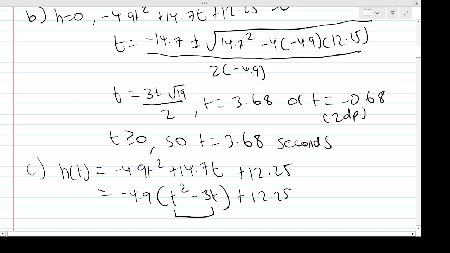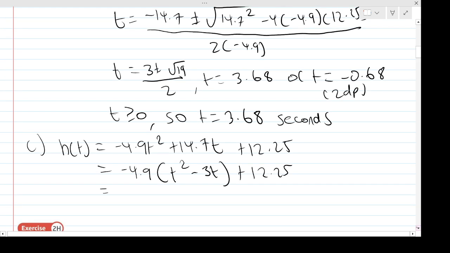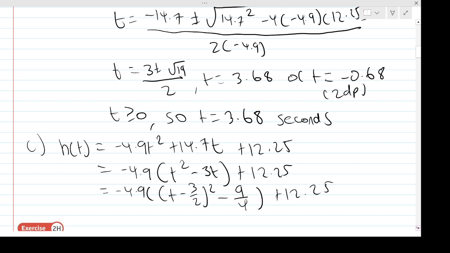Then we can complete the square inside here. So that would be minus 4.9 t, then t minus half of that, so 3 over 2, all squared. Then I'm going to minus the square of that, so it's 9 over 4, plus 12.25. Then if I expand it, I'm going to get minus 4.9 of t minus 3 over 2 all squared.